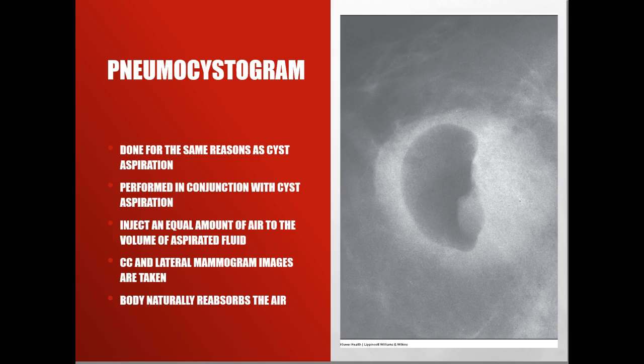And you can see here they did that, and they can see that there is a little papilloma, or a little fibrous tissue there within the cyst. And they will send that aspirated fluid off to pathologists for them to look at. This particular one, and I think it mentions it in your text, was a carcinoma.